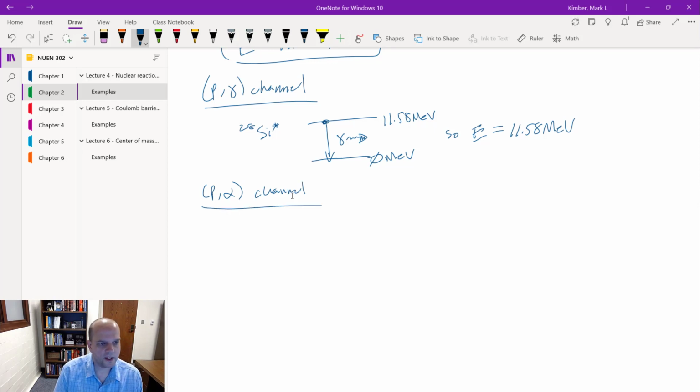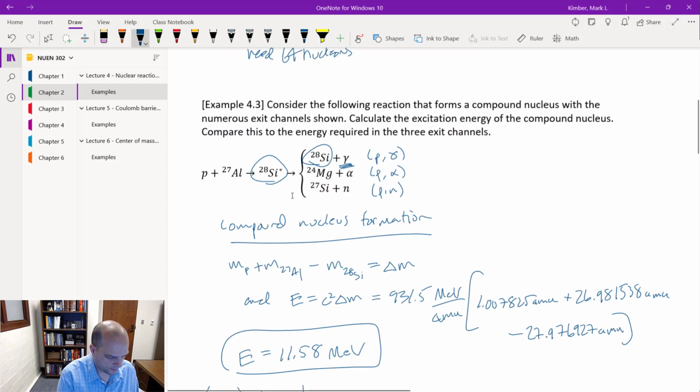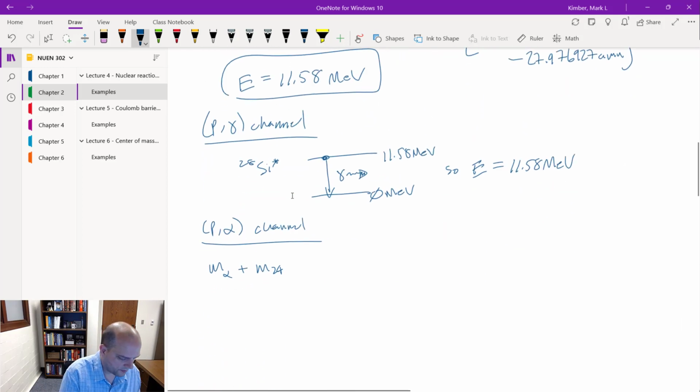So with this channel, I've got to take the mass of the alpha particle plus the mass of the magnesium-24, and from that I'll subtract the mass of that silicon-28.